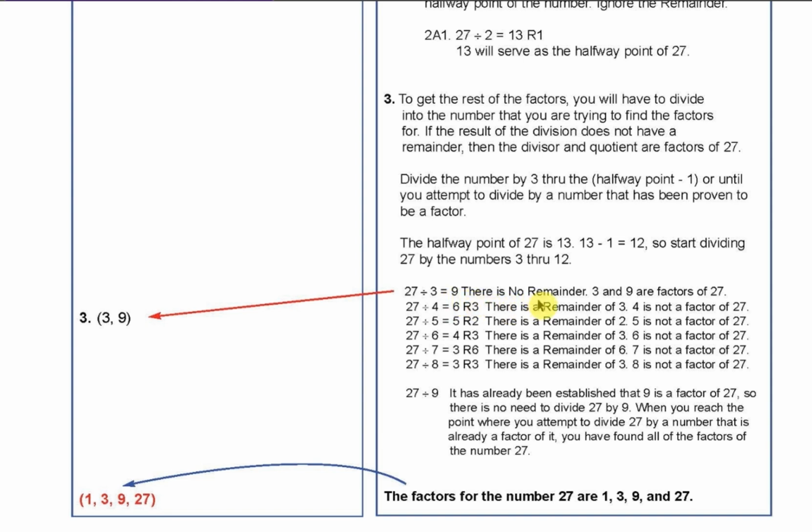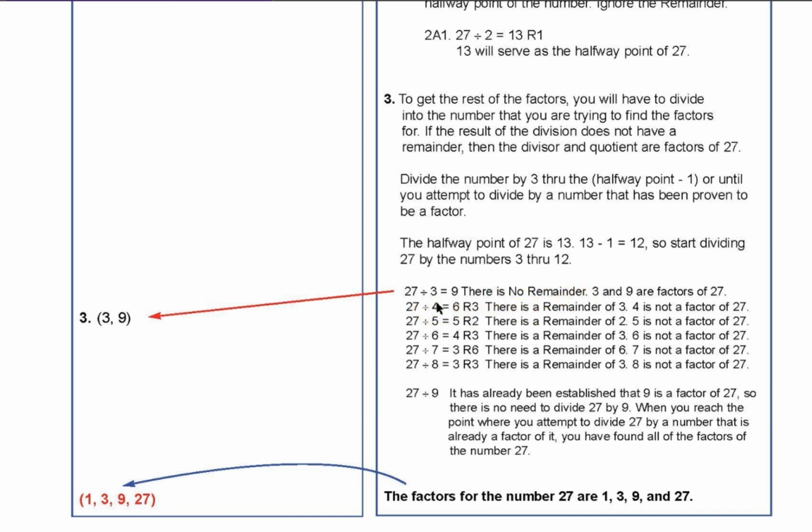There is no remainder. Therefore, 3 and 9 are factors of 27. This is because there is no remainder.